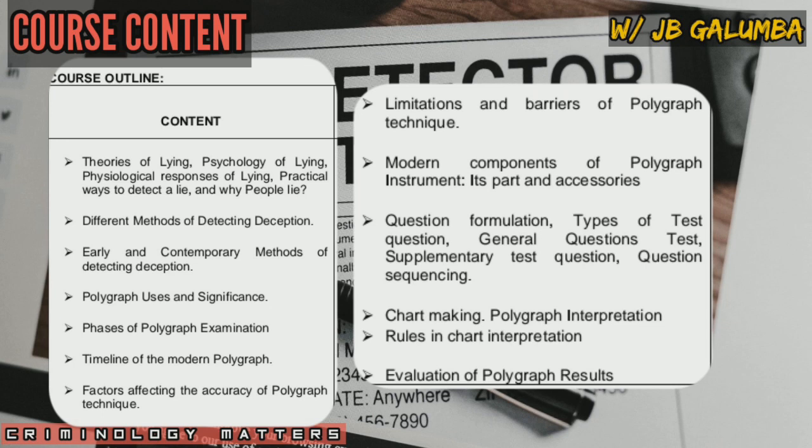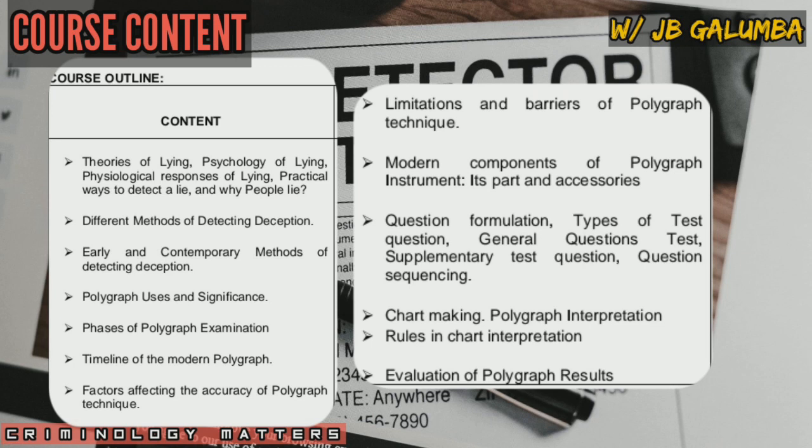Earlier, we were talking about different methods of lie detection, but then they made it a point that we should focus on a specific technique among the wide variety of lie detection techniques, and they chose polygraph examination. So I have no problem with that. That's very much acceptable since I think this is one that is available.